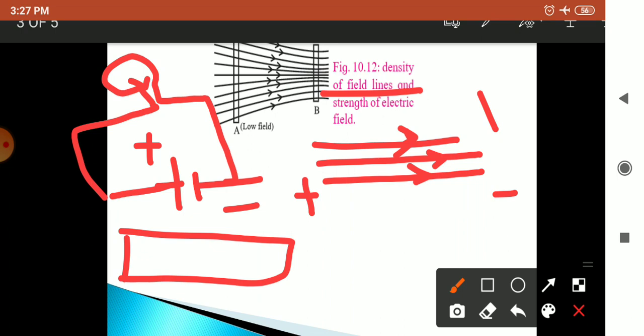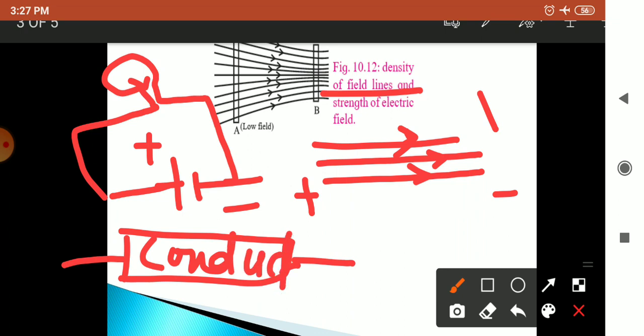When there is a conductor, it will pass electricity, but the electric lines of force will not pass through the conductor. They will pass through the insulator. Keep that in mind. Then the fifth characteristic: the magnitude of the electric field intensity is proportional to the number of lines of force per unit area of the surface held perpendicular to the field.